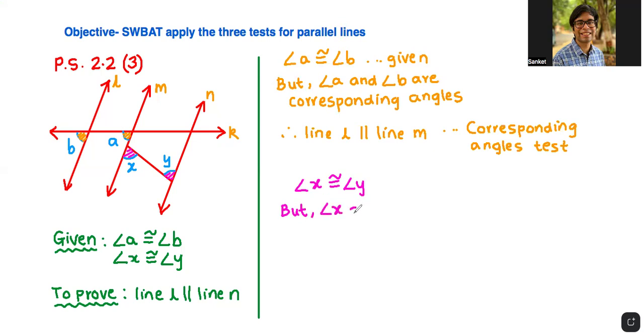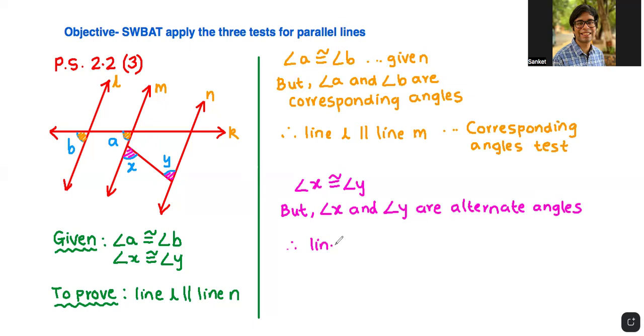Angle X and angle Y are alternate angles. So if alternate angles are congruent, that means the lines are parallel.